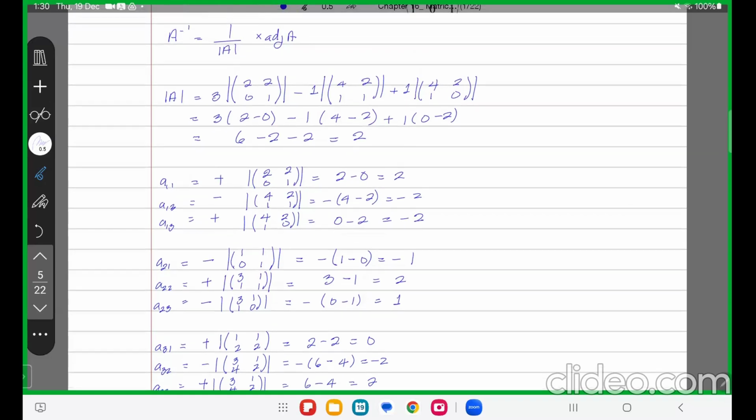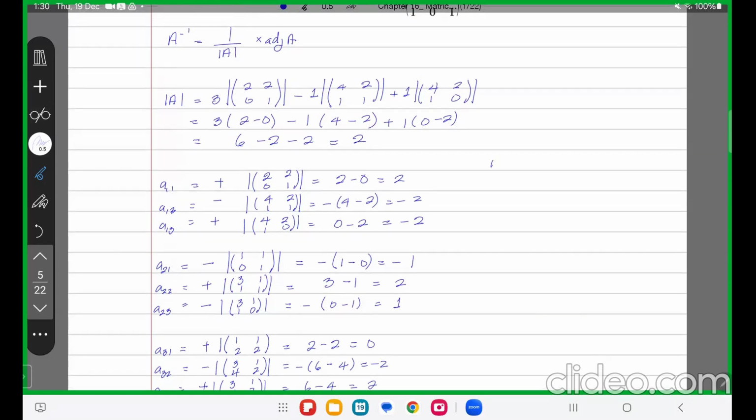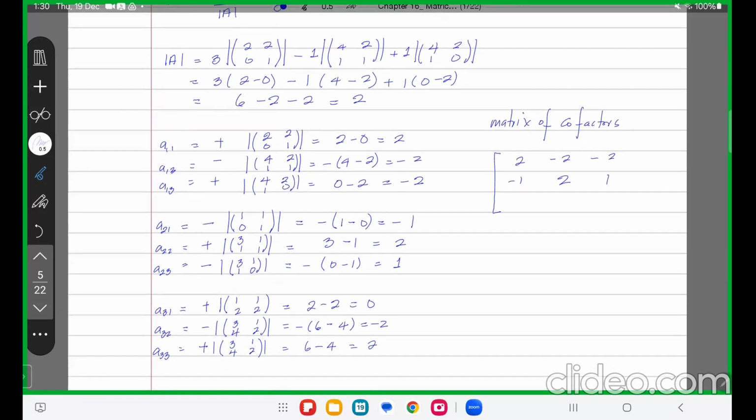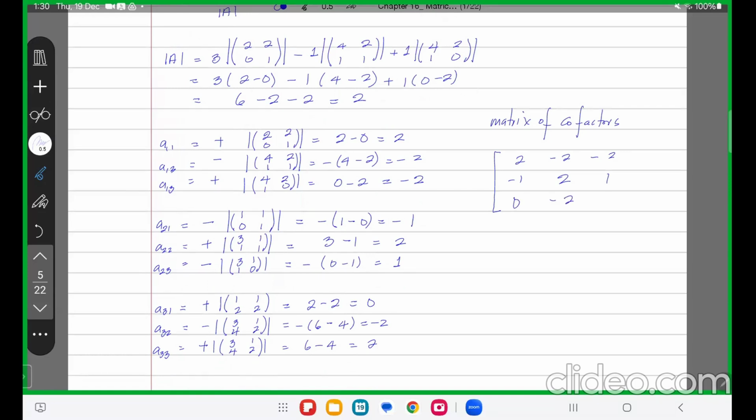So what we have next is the matrix of cofactors. And the matrix of cofactors would be 2, minus 2, minus 2, minus 1, 2, 1, 0, minus 2, 2.